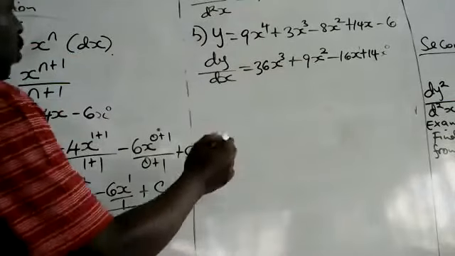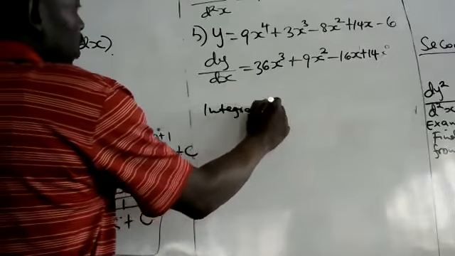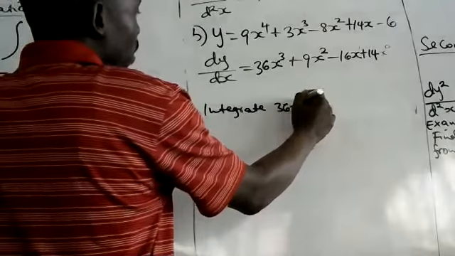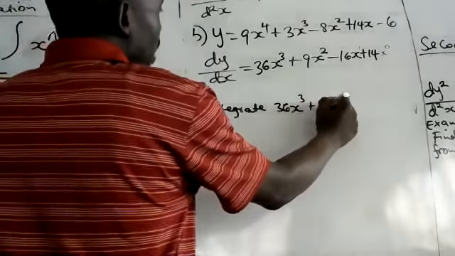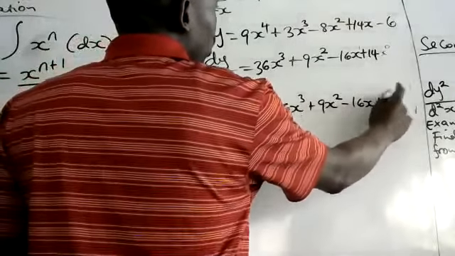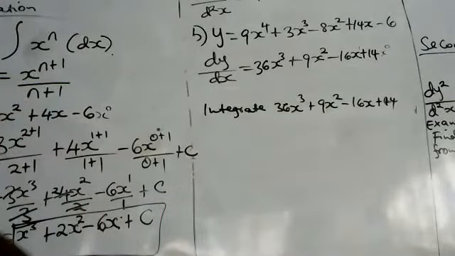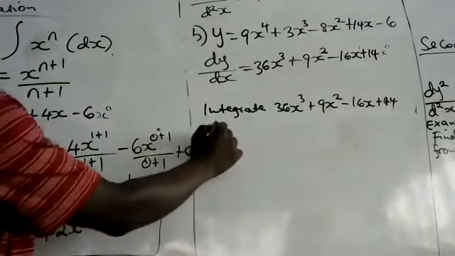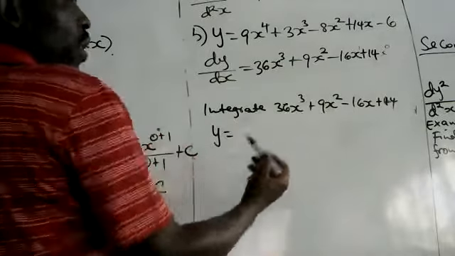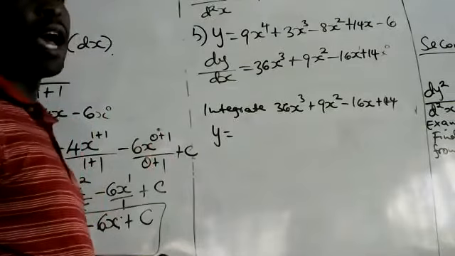So it is like now you are told to integrate 6x power 3 plus 9x power 2 minus 16x plus 14. If you are told to integrate that, you simply do this. Whatever you are going to get is y equals to, add 1 to the powers and you divide by what you get after adding 1.